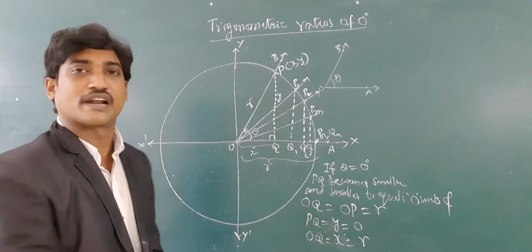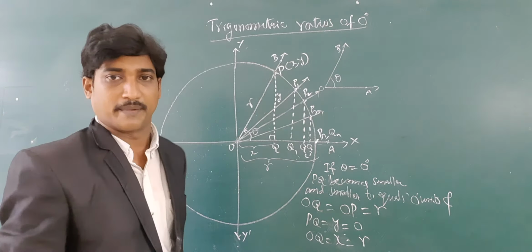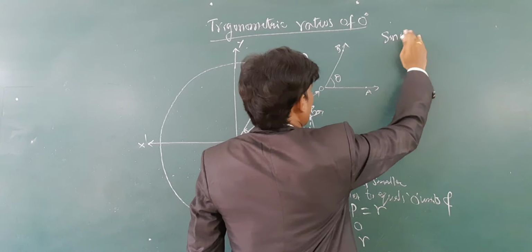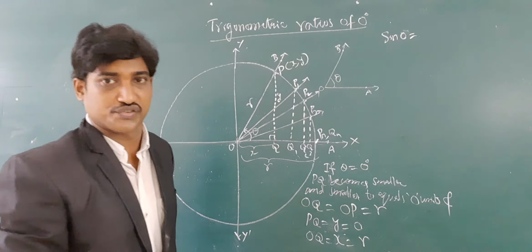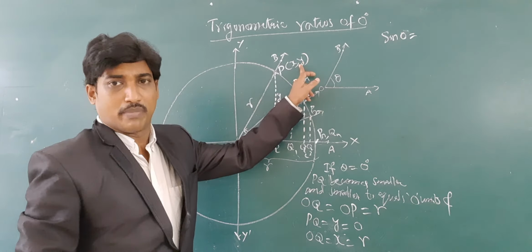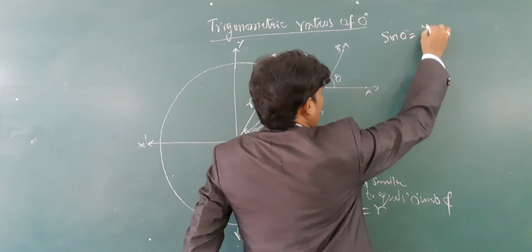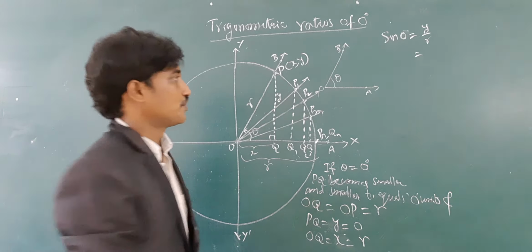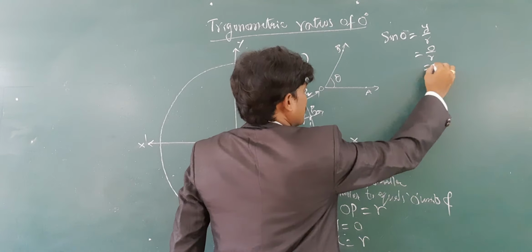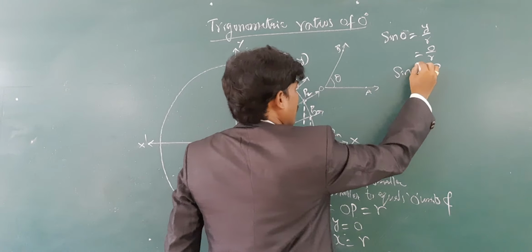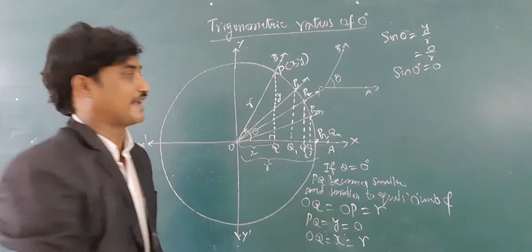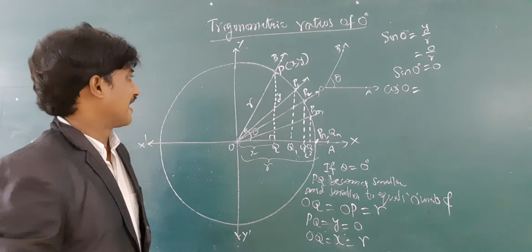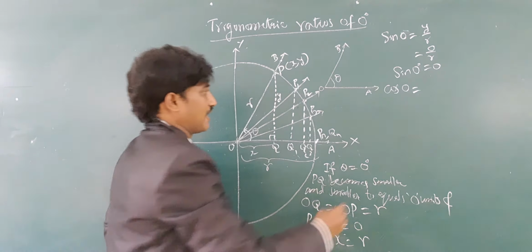Now let us write the trigonometric ratios of 0 degree. Sin 0: we know sin 0 degree is y coordinate by r, that is y by r. Here y became 0, so 0 by r, that is 0. Sin 0 degree is 0. Next, cos 0 is x coordinate by r, that is x by r.